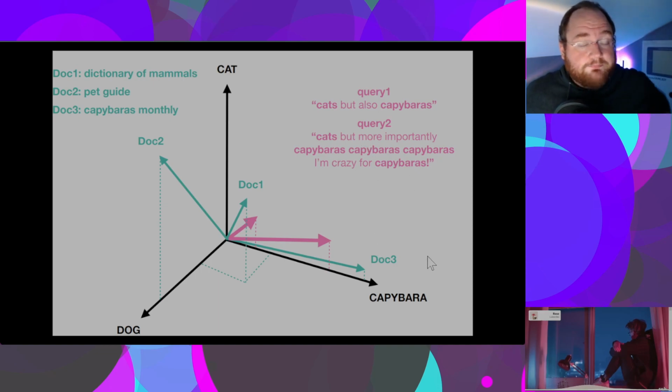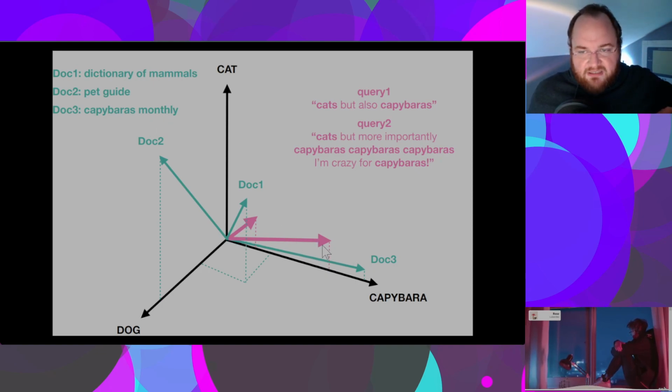Query 2, though, has cats, but more importantly, capybaras, capybaras, capybaras. I am crazy for capybaras. You have hypersaturated this query, and thus its numerical vector, with values from the capybara vector. Meaning this second query, this longer one, is definitely going to turn up Capybara's Monthly, right? It's going to pull the thing that is closest to it.